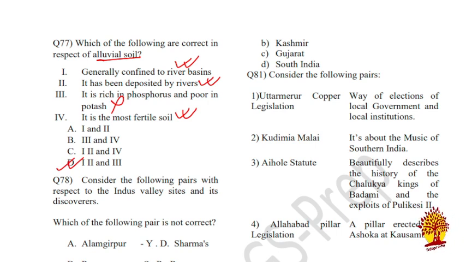They are not rich in phosphorus. The proportion of potash, phosphoric acid and alkaline are adequate. Whatever requirement is there, some amount will be there, but not rich in phosphorus. So option D is the right answer.